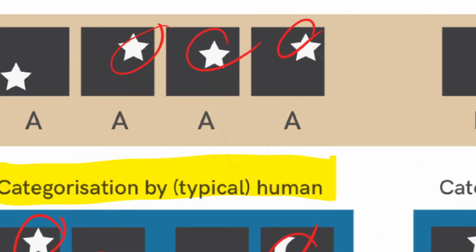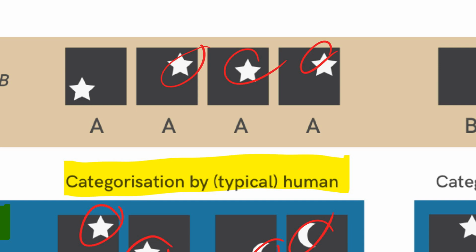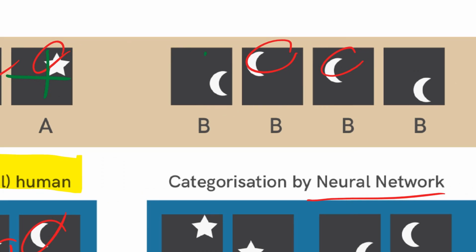You see in the training set, all of the stars were either on the bottom left or in the top right of the image, whereas the moons were either in the bottom right or the top left.